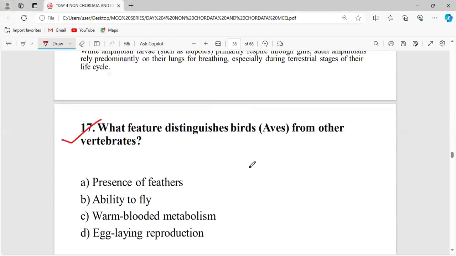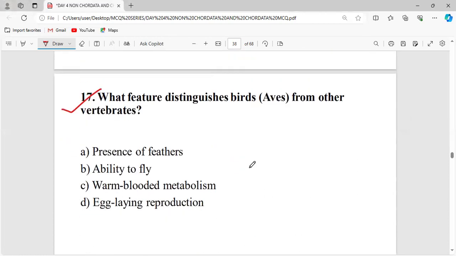What feature distinguishes birds from other vertebrates? Here, I have compared birds with other vertebrates. Presence of feathers, ability to fly, warm-blooded metabolism, egg-laying reproduction. The only organisms which have the capacity to fly are birds.